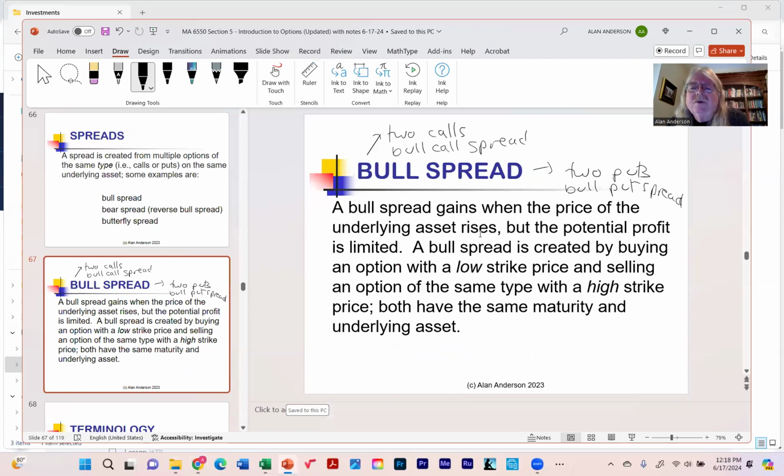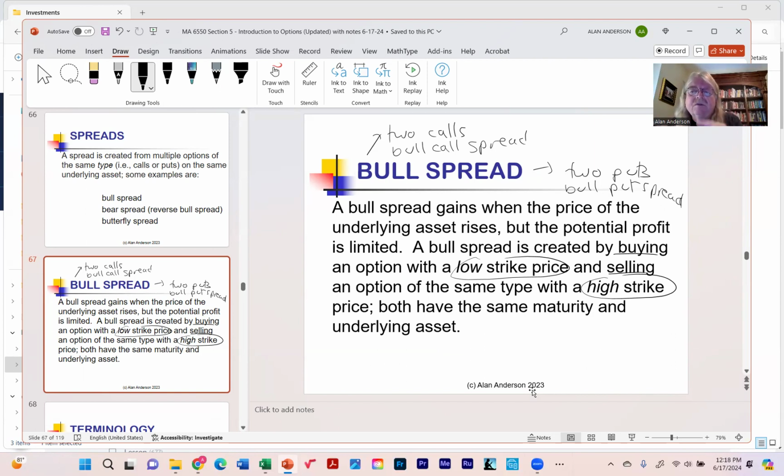Anyway, let's begin with this bull spread. The key here is that you're buying either the call or the put with a low strike, and you're selling the same option except with a higher strike. It's important to make sure that it's the same asset, the same maturity, and the same type, call or put. The only difference is that the one you're buying has a lower strike price than the one you're selling.